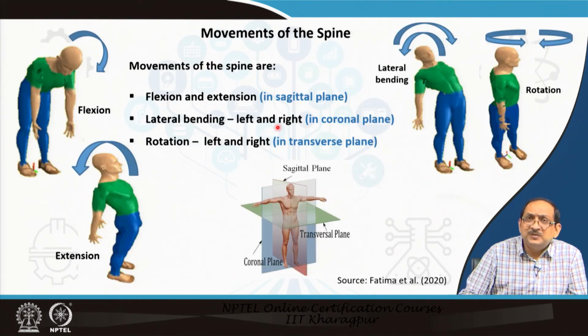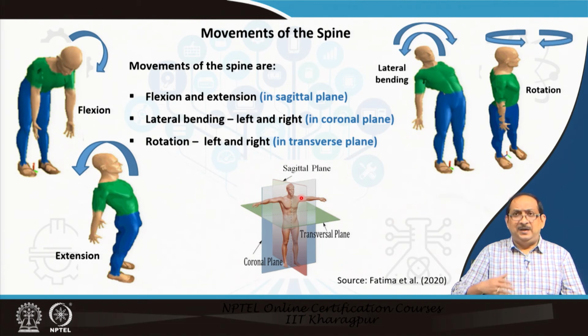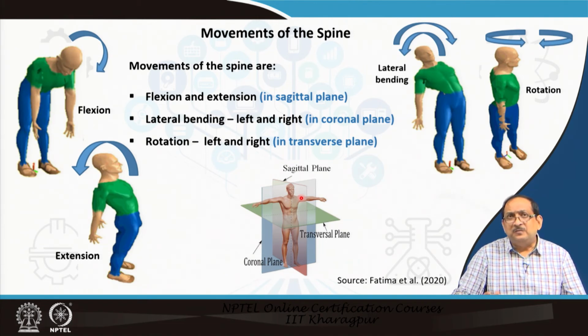The movements of the spine need to be discussed. The movements offered by the spine are flexion and extension in the sagittal plane: bending front is flexion and bending back is extension.